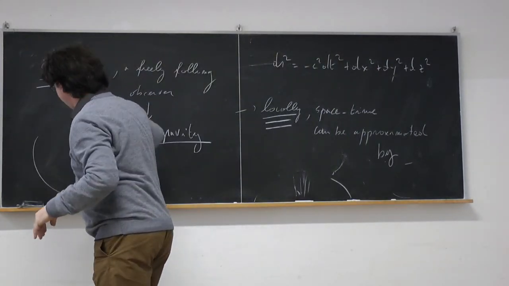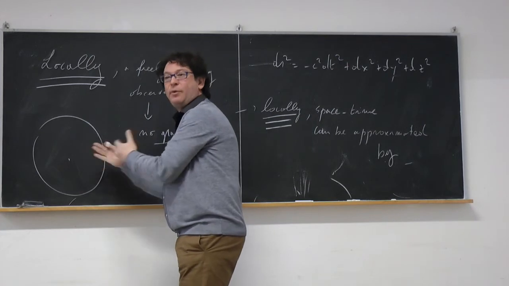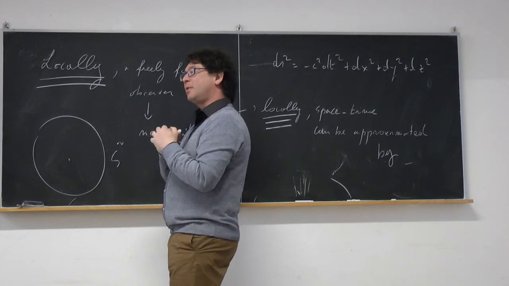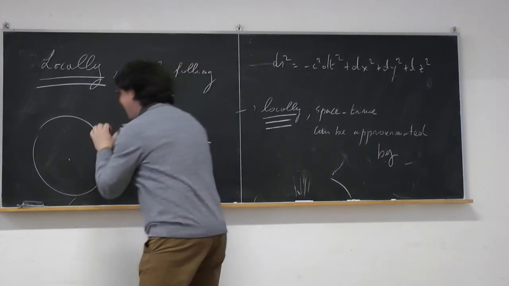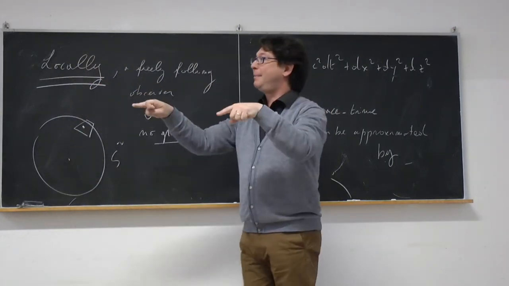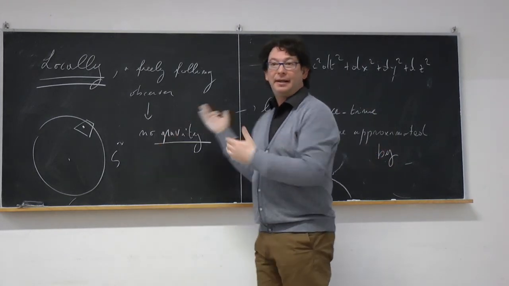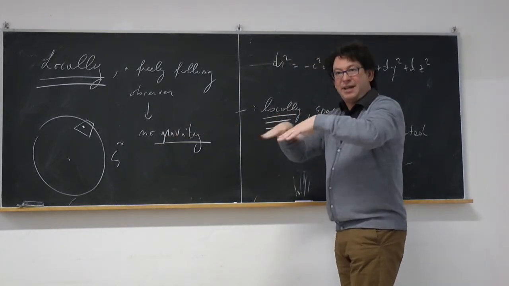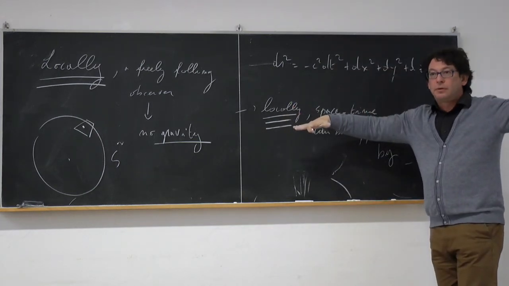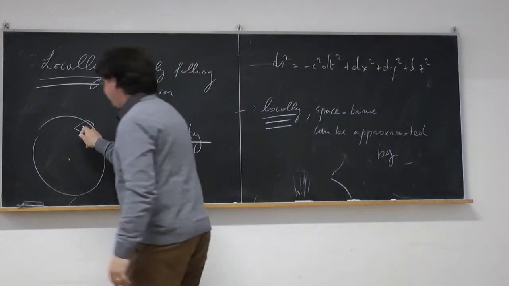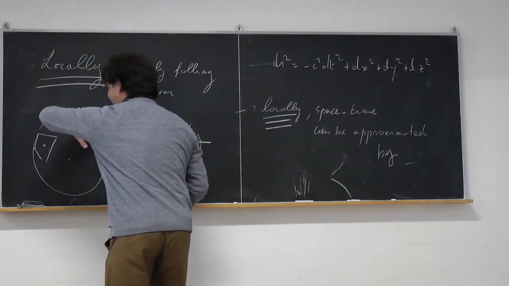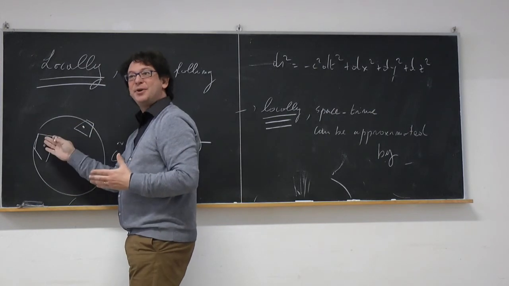È come dire, pensate a una sfera, che è non euclidea: la superficie S2 è curva. Localmente la sfera sembra piatta, localmente il nostro pianeta sembra piatto. Dunque localmente sulla sfera puoi utilizzare la geometria di un piano. Quando vai da un posto a un altro, il piano è sempre un piano, però non è lo stesso piano.